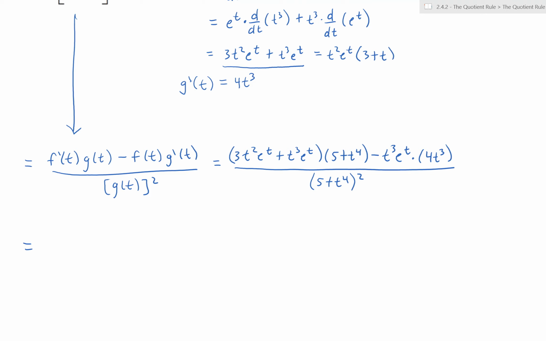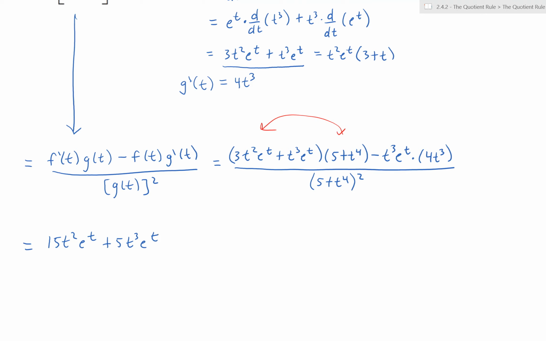All right, first thing I'm going to do is multiply this out. Do like a FOIL, if you will. So let's do that. I'm going to get 3t squared e to the t times 5. So that's a 15t squared e to the t. And then I'll multiply the t cubed e to the t times 5. So I get a plus 5t cubed e to the t. And then I'll multiply the first two terms with t to the fourth.